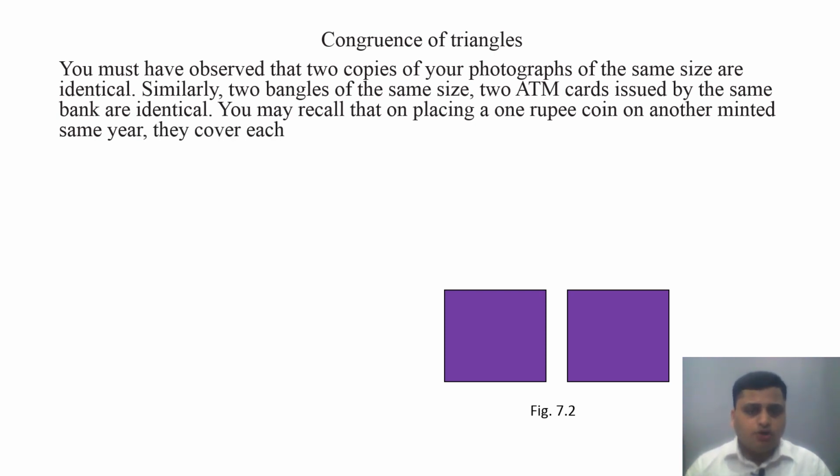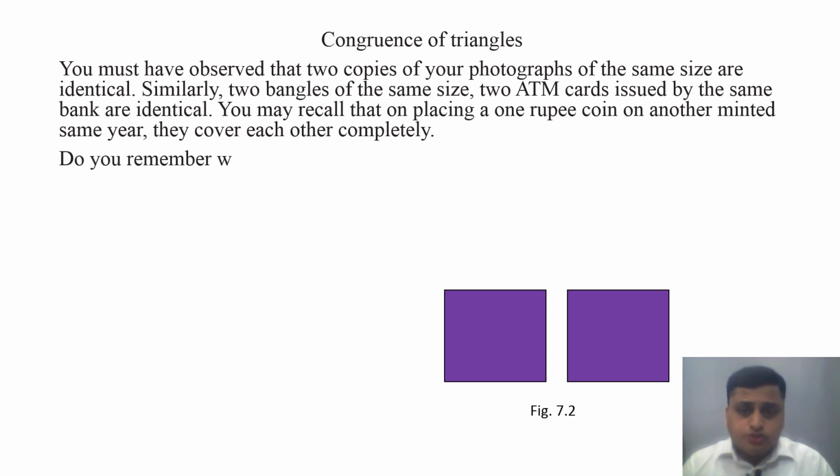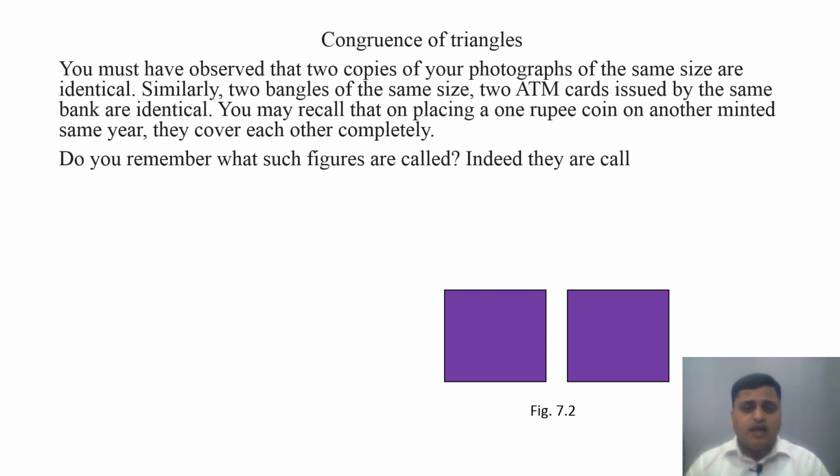You may recall that on placing a 1 rupee coin on another minted in the same year, they cover each other completely. Minted here means made. So we say they are identical. Do you remember what such figures are called?